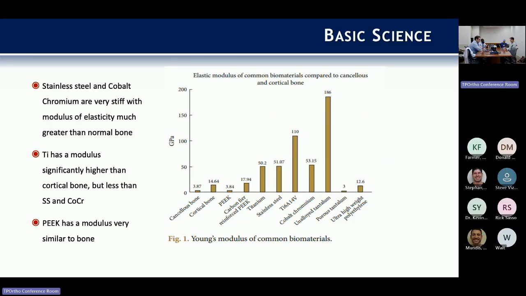Most orthopedic implants today are titanium or carbon fiber, which give favorable characteristics. Stainless steel and cobalt chrome are much stiffer, which is ultimately better for rigidity, as they're stronger materials, but this might cause a mismatch of modulus and cause complications over time. So understanding where each of these materials falls relative to bone helps us predict how they'll interact biomechanically overall.